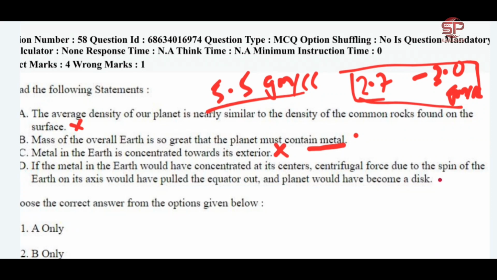This option is incorrect, because if the central part has more, then there will be more gravity, so it can hold the material in the equatorial part on the outside of the earth. So the option will be B: the mass of the overall earth is so great that the planet must contain metal.